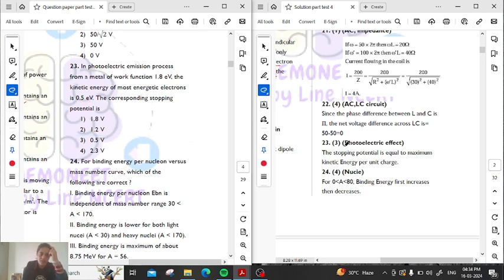So here, so इस सिनेरियो के अंदर हम क्या करेंगे, stopping potential is equal to the kinetic energy. Stopping potential is equal to the maximum kinetic energy per unit charge, है ना. तो काइनेटिक एनर्जी हमारे पास कितना गिवन है, 0.5. तो हम per unit charge से करेंगे, तो डायरेक्टली गिवन ही है 0.5. सो इसका तो कोई रोल ही नहीं है 1.8 का, तो 0.5 stopping potential. That means 0.5 volt is your correct answer.